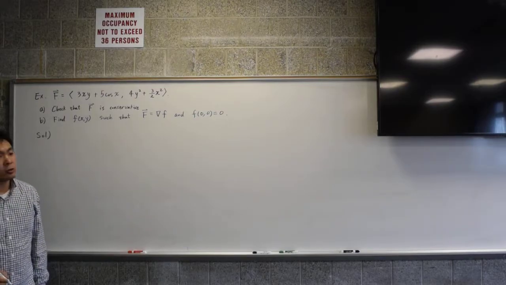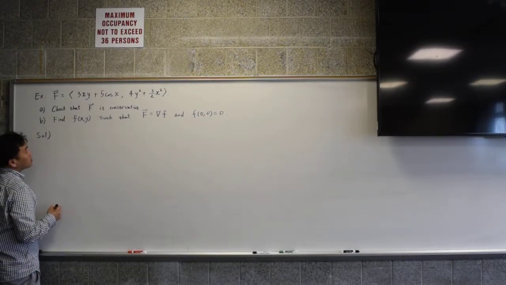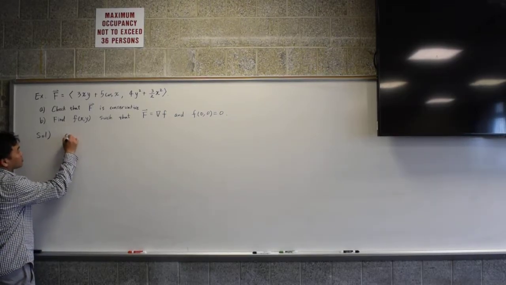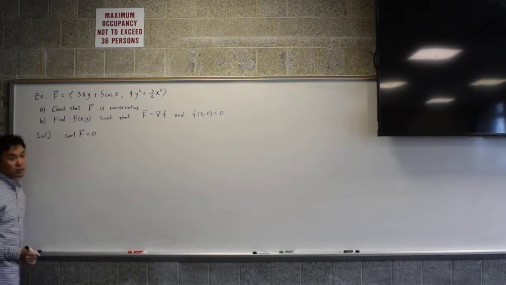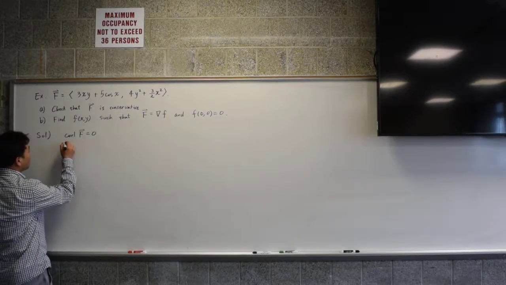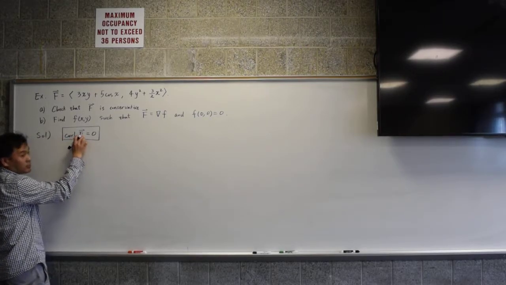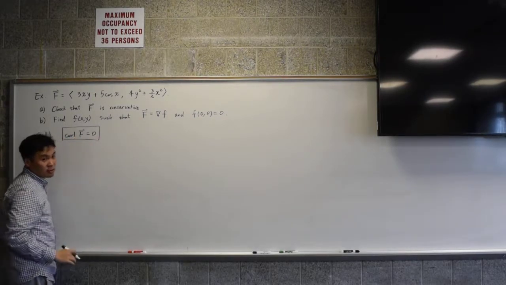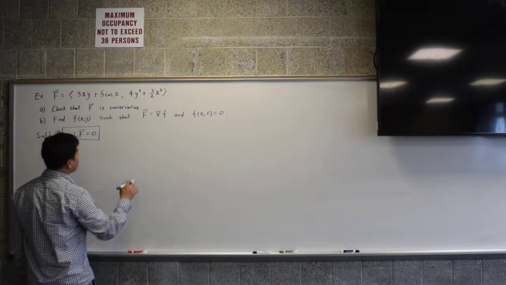What does it mean to be conservative? Conservative means that the curl of F is 0. Now the trouble with the usual textbook definition of the curl is that they only define it for 3-dimensional ones. But I like to call this other one also curl.